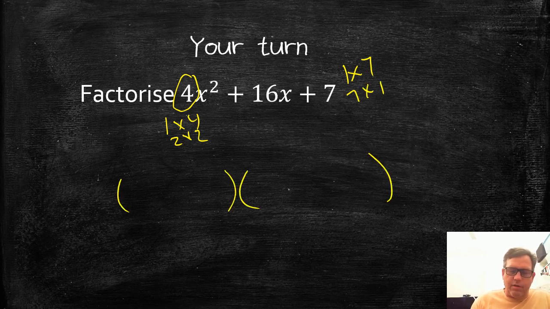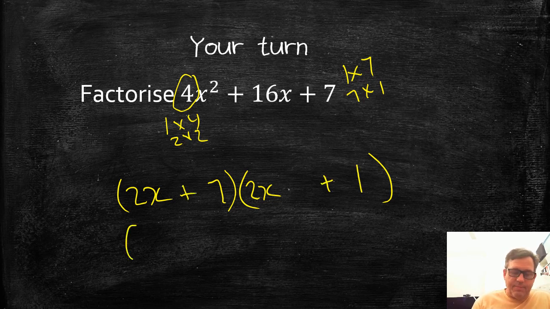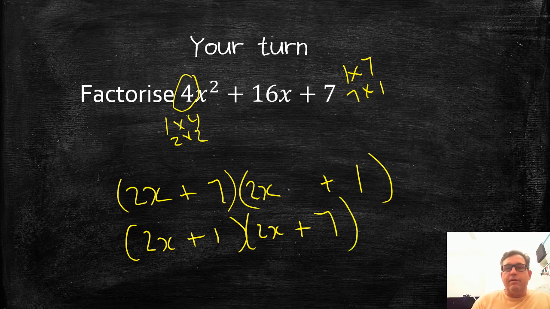So hopefully what you found was, I think what works is if I do 2x and 2x, if I put my 7 there and my 1 there, I get 14x. In this case, this is a rare example. It doesn't matter where I put my 1 and my 7. Why? Because both terms are 2x. So it's not going to matter either way. I'm going to end up with that answer.